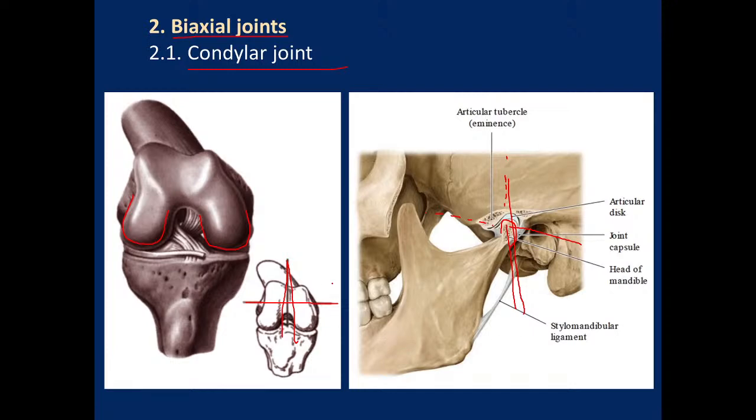Usually it permits movement around two frontal and vertical axes and combines them. It is flexion and extension in the knee joints and in the temporomandibular joints, moving the mandible up and down. But it is also possible to rotate the joints around the vertical axis.